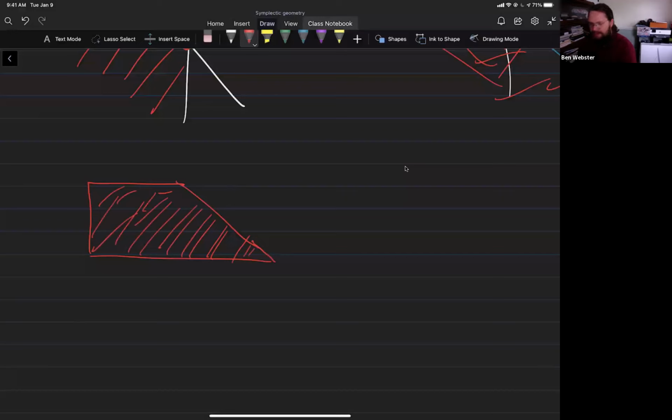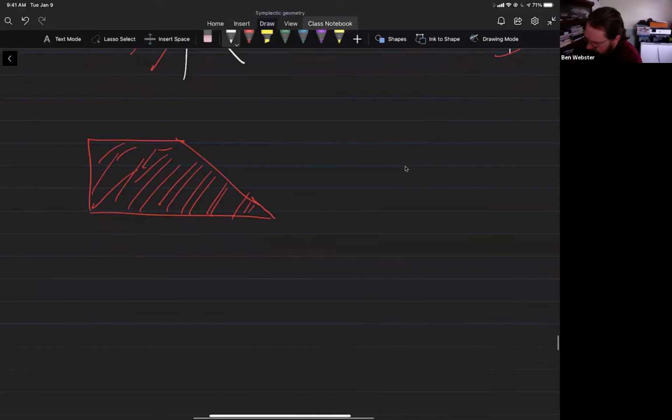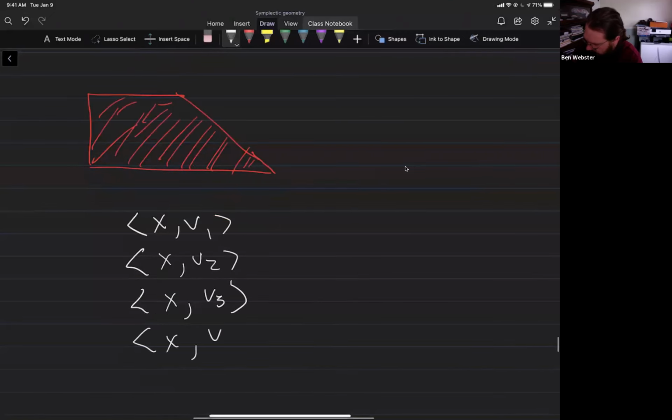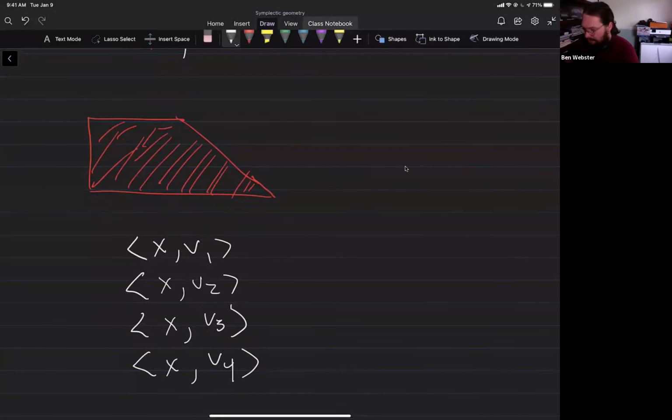A polytope like this is always defined, as we've discussed, by saying I have some linear functions: x·v1, x·v2, x·v3, x·v4, corresponding to the different perps here.